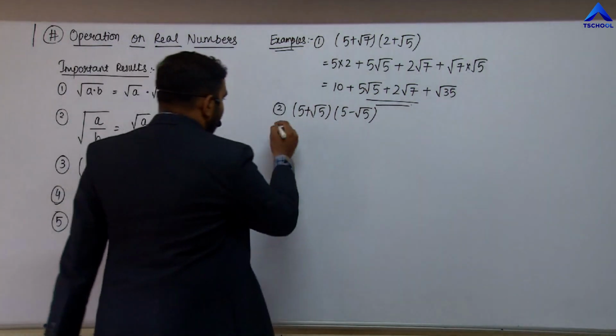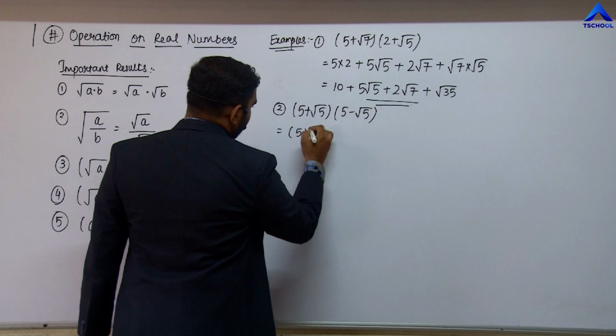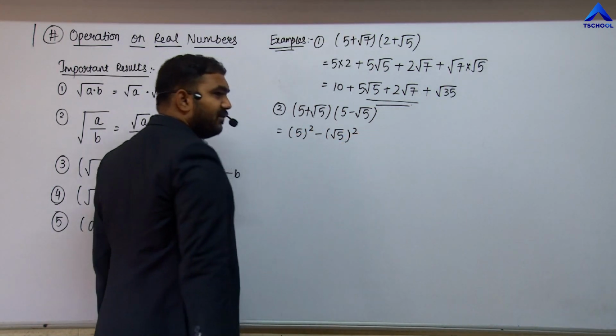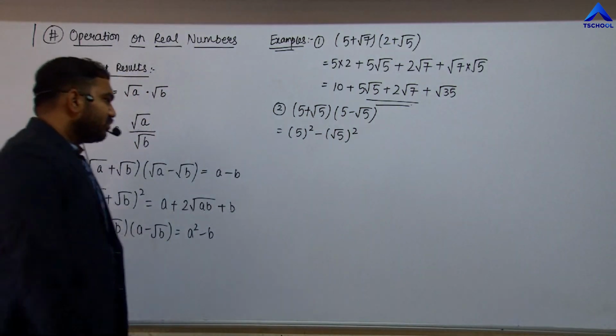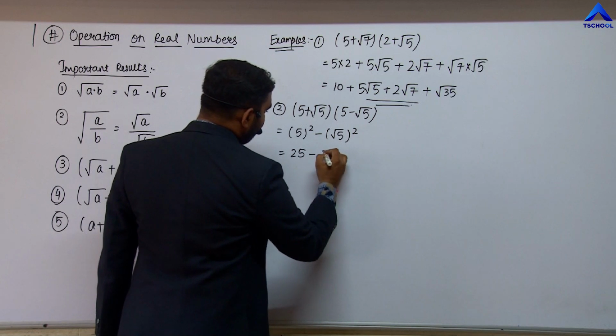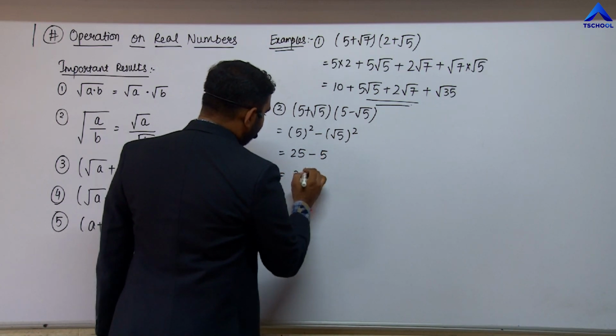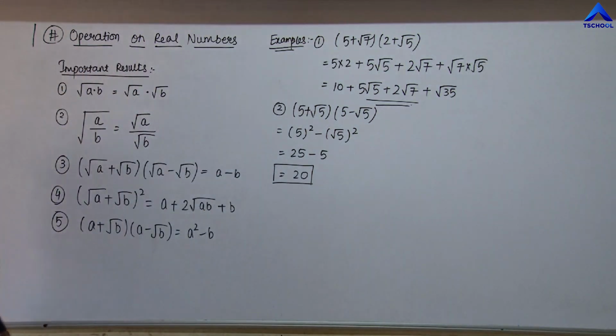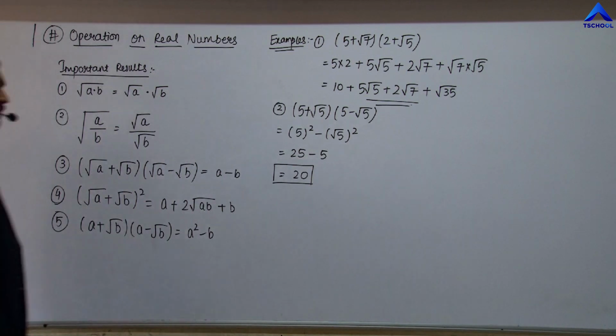So this can simply be written as 5 square minus root 5 square, or 5 square minus 5. So 5 square is 25, minus root 5 square which is 5, and the answer is 20. Is it clear, friends? So 5 plus root 5 into 5 minus root 5 equals 20.